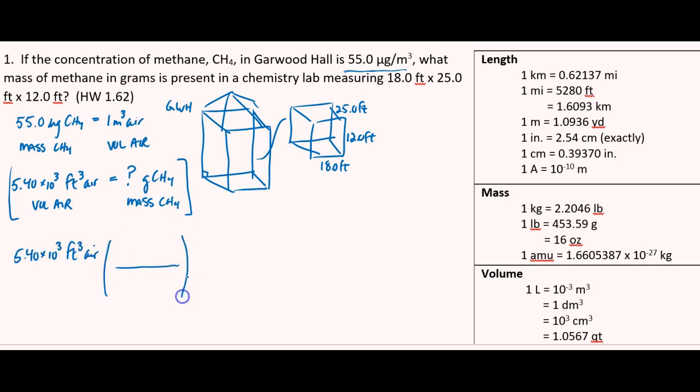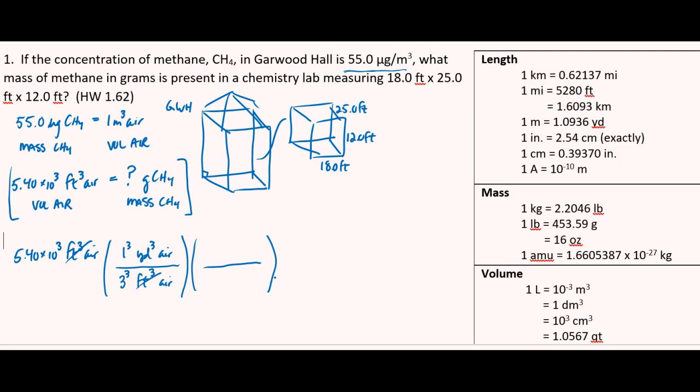There's more than one way to convert from cubic feet of air into cubic meters of air, but I'm going to say that for every 3 feet, I have 1 yard, and I'm going to write down my stuff. It's air, but I don't have feet. I've got cubic feet, so cube the unit and the number downstairs, and the unit and the number upstairs. So cubic feet of air cancel.